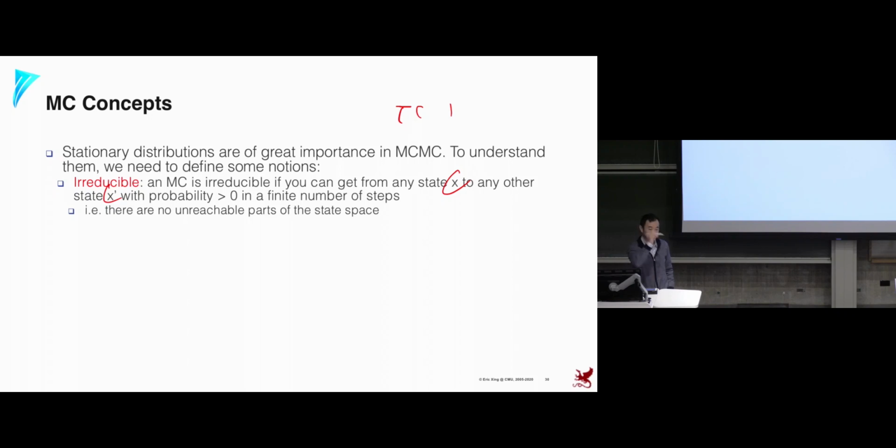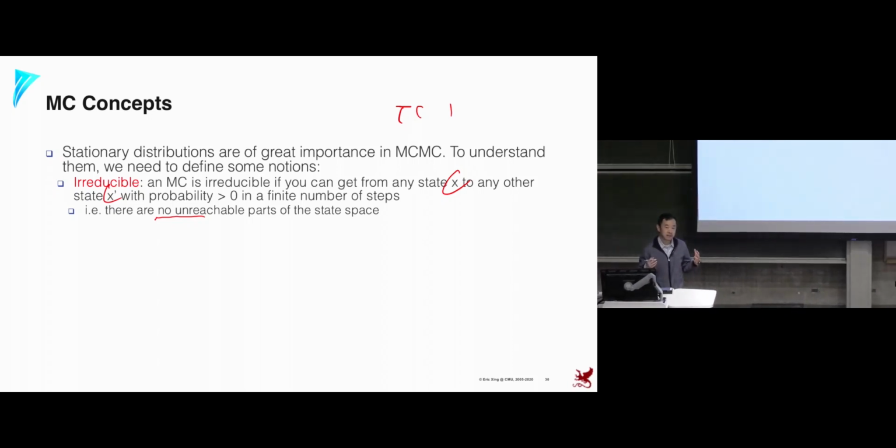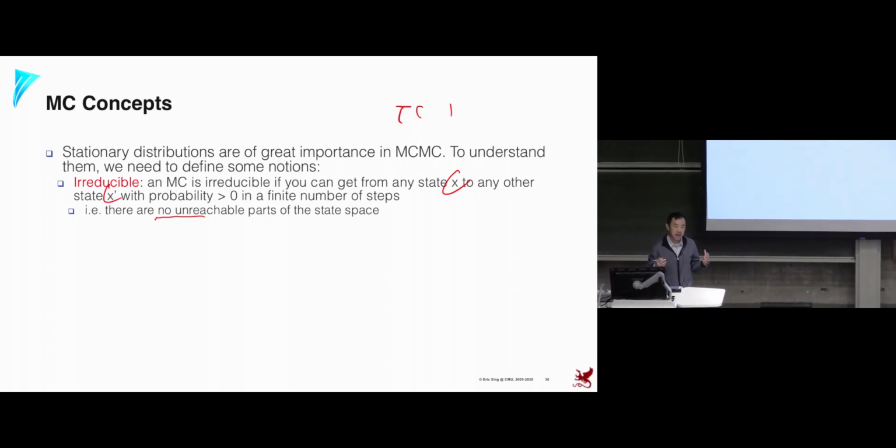Somehow you can navigate through all states and move from anywhere to anywhere else. And that is good because you now have no unreachable parts in the state space. You can cover it. That gives you the safety of being able to achieve any target distribution, even one you don't know, because it allows at least a non-zero probability of reaching anywhere.